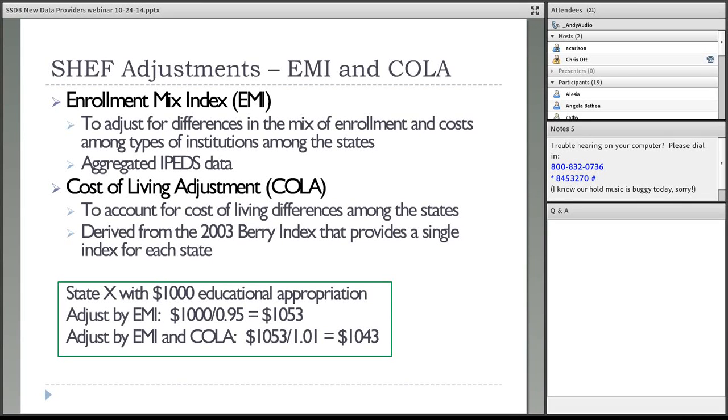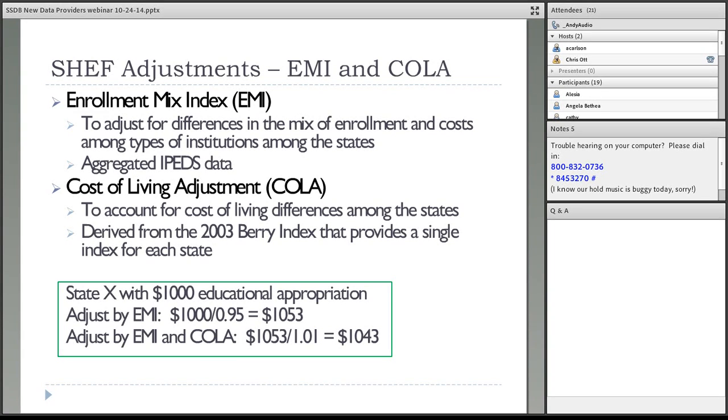All right, last slide, and then we have time for questions. The last two adjustments we make, and this is for the state level data when we present all 50 states and all the data for all 50 states and all the metrics. So the thinking here with enrollment mix is that some states have a much larger community college system, or some do not have hardly any community college system.